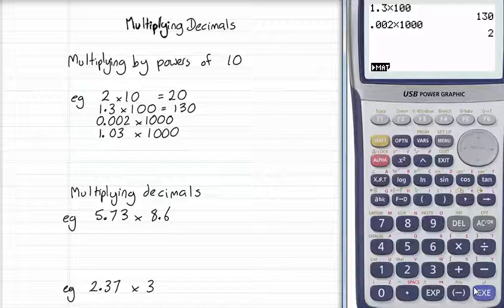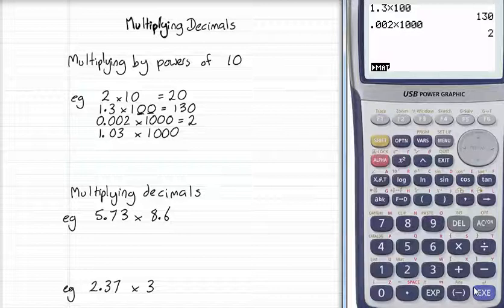Have a look at what's happening when we have a decimal multiplied by a power of 10. The shortcut is that you can count the number of zeros and move the decimal point that many places to the right.